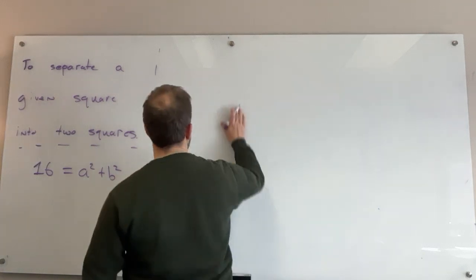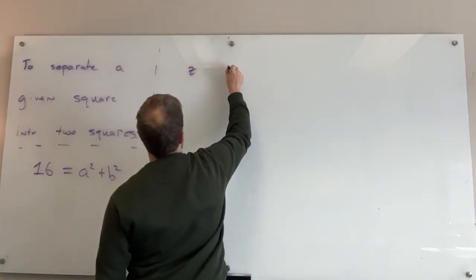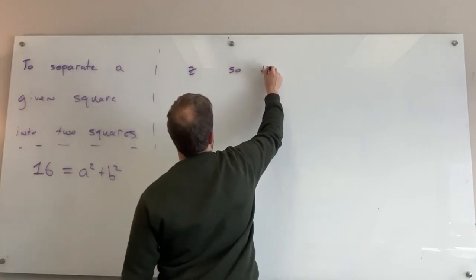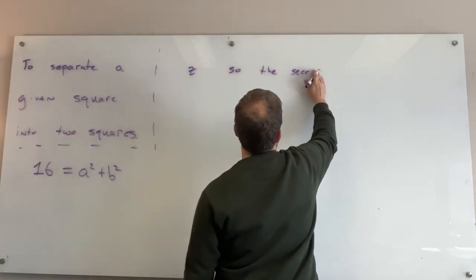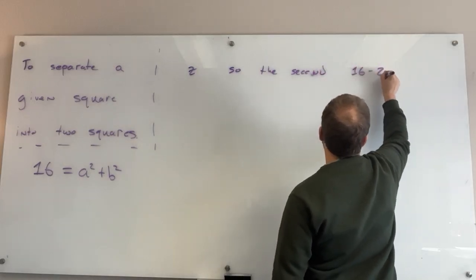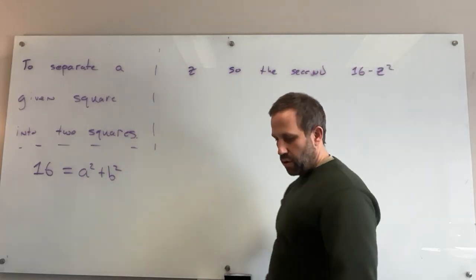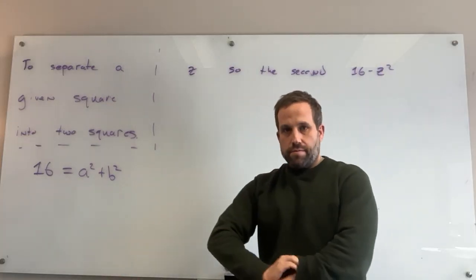He says, well, we're just going to call the first solution z, and then the second one obviously has to be 16 minus z squared.